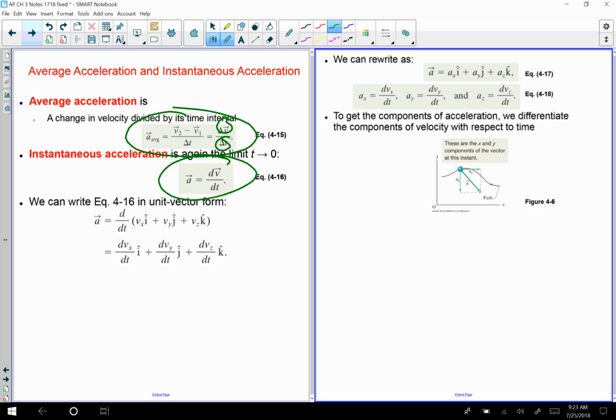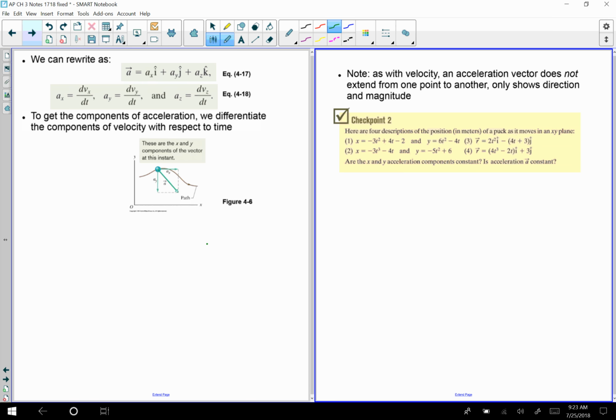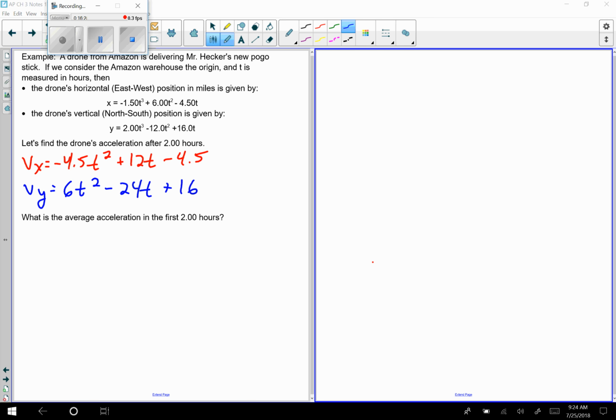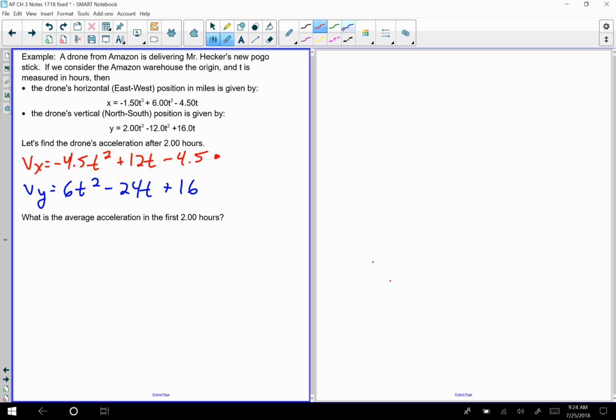All right, so let's do another example here. Okay, so where we're at was this. We're trying to find the acceleration after 2 hours. A minute ago, we found this Vx and this Vy. So to find the acceleration, let's go over here where we've got a little bit of space.